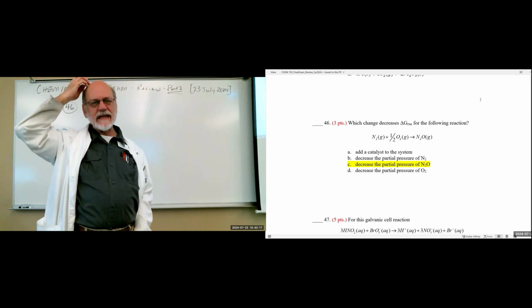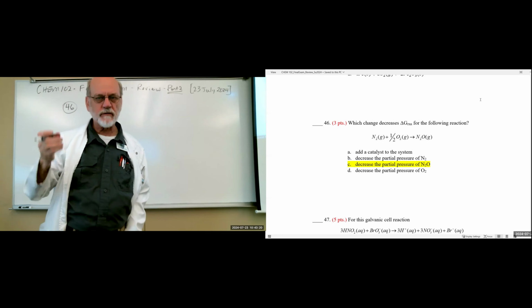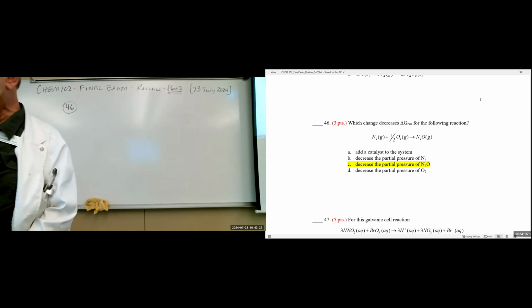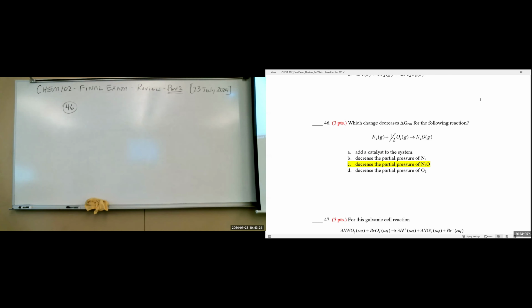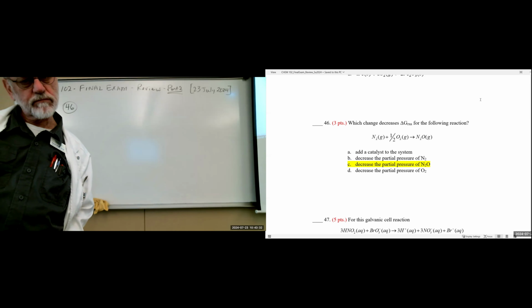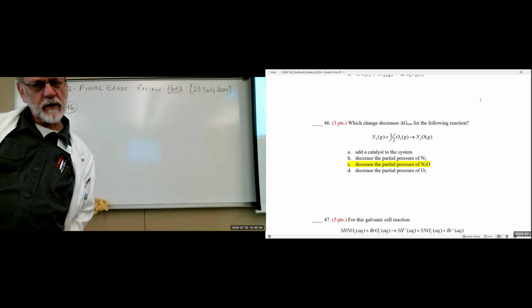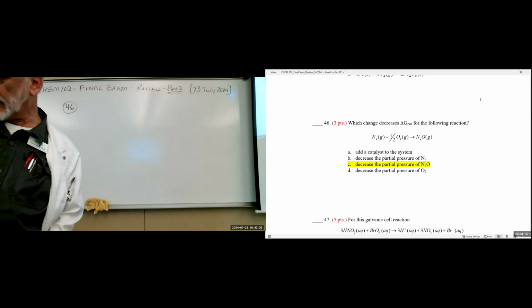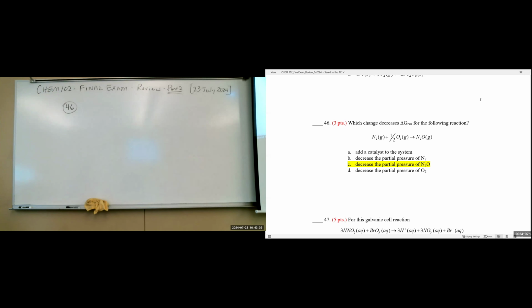46. Which change decreases delta G reaction for the following reaction? Okay, delta G reaction, let me find the equation. We're looking at partial pressures, so I need to pick the one that includes partial pressures.